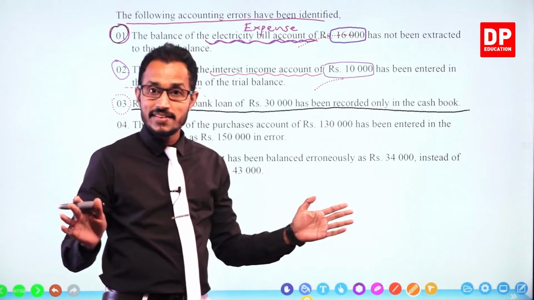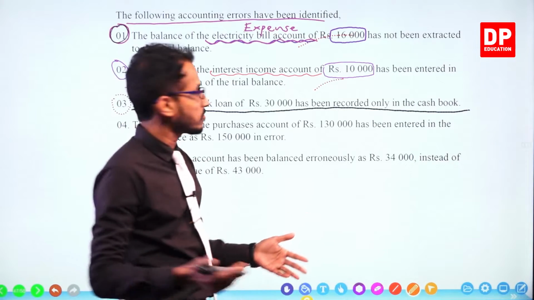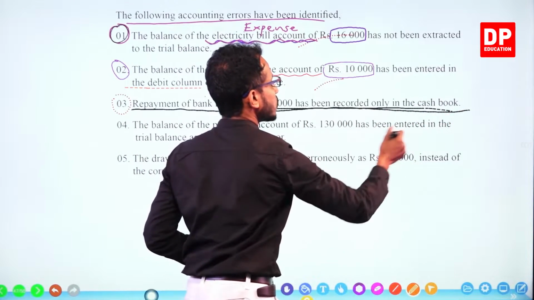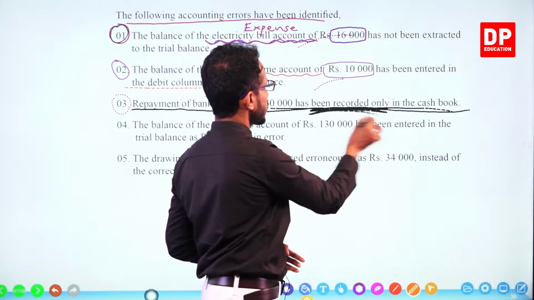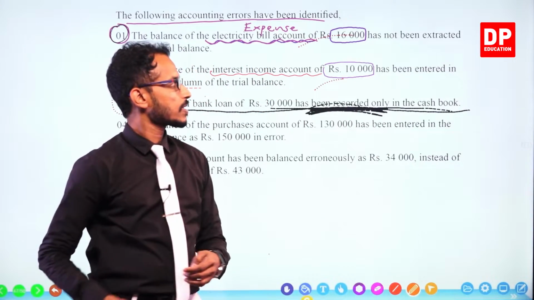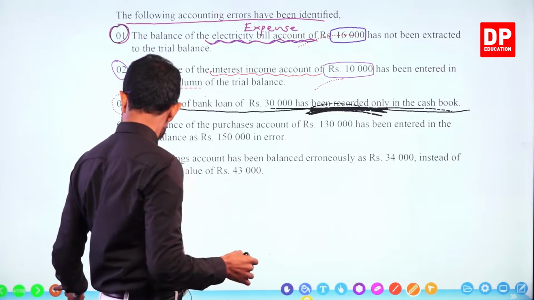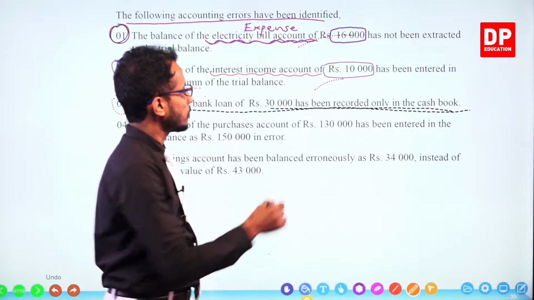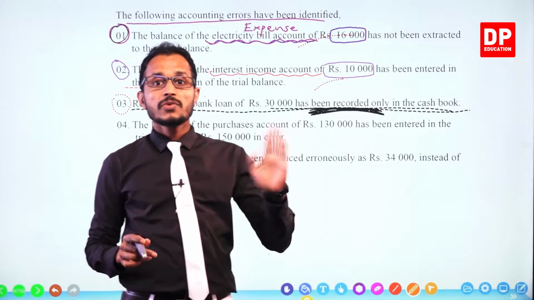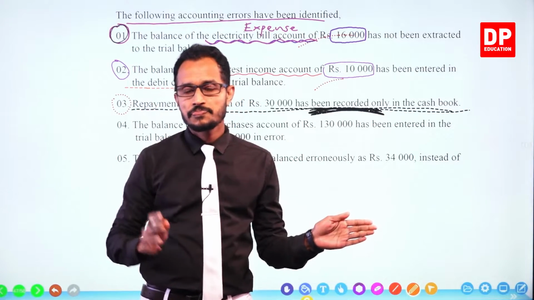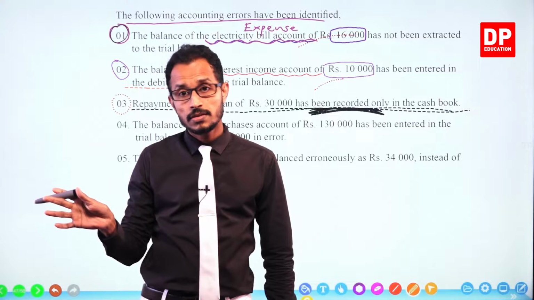It has already been credited. It is already recorded in the cash book, can you see? So you can't credit the cash book. Cash book is already credited. Debit the bank loan account.